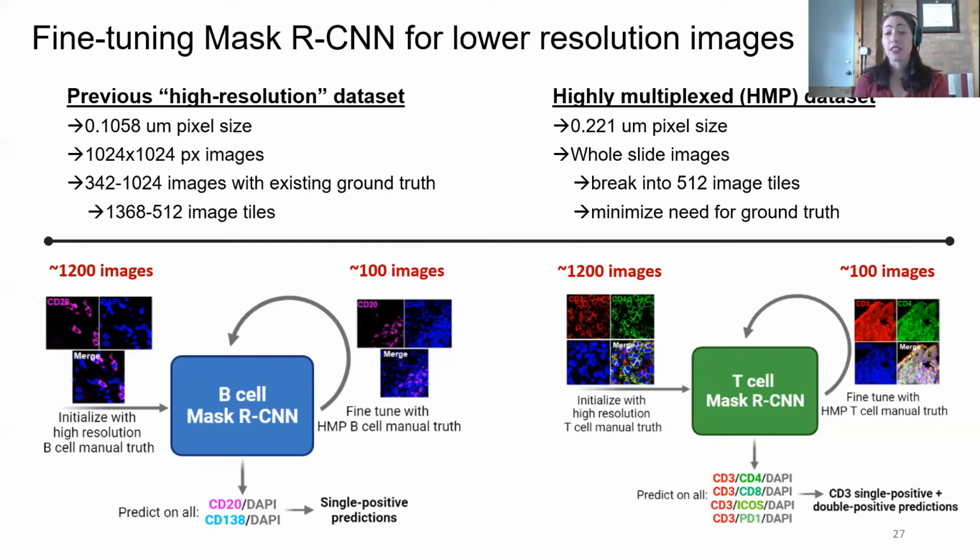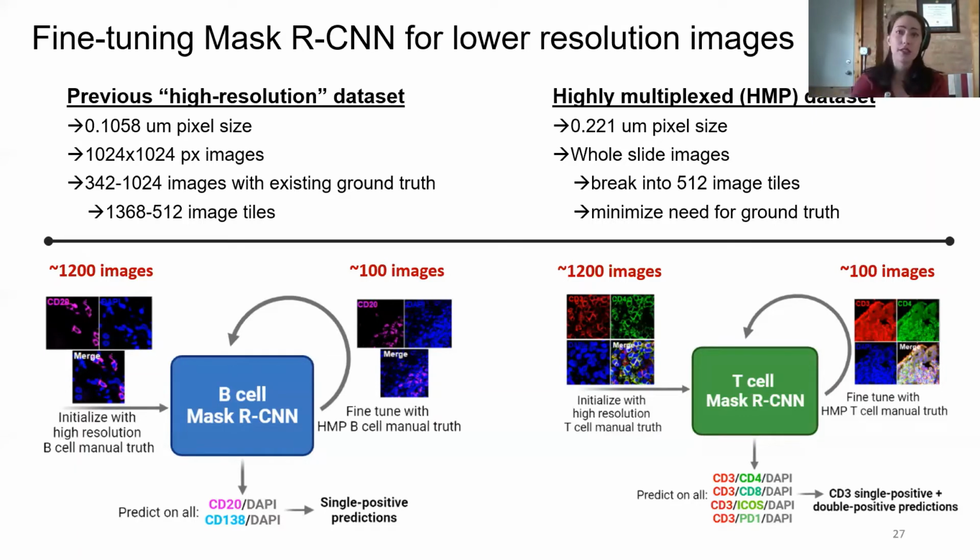We also have our T cell network over on the right. We had our 1,200 image tiles from our previous data set, which we initialized Mask R-CNN with, and then we're able to fine tune with about 100 images. The important thing to note here is that while our pre-training data, our initialization data, had CD3 and CD4, in our fine-tuning data we can change out that second channel.